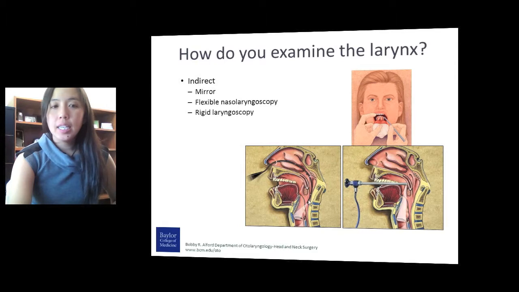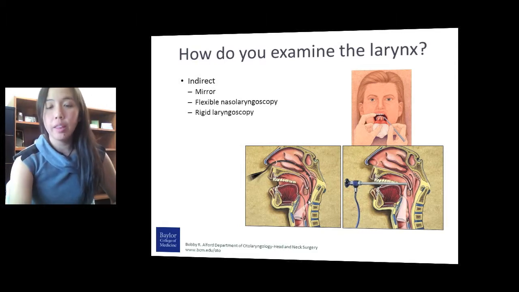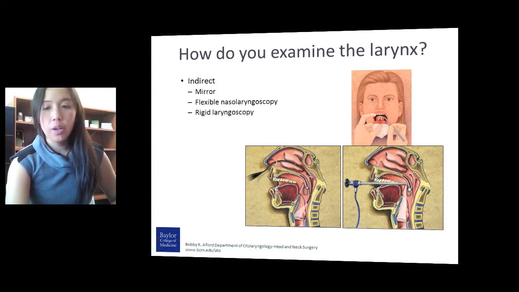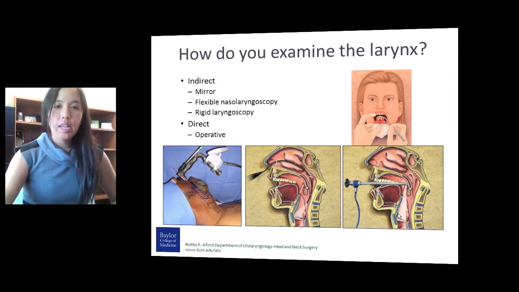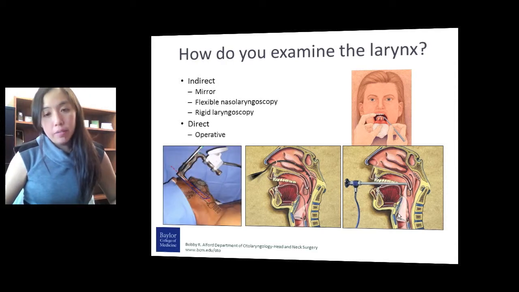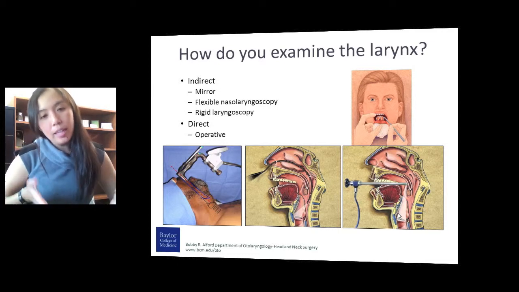Another way of doing this is with transoral rigid laryngoscopy, which is what you just saw in the previous video. This is a Hopkins rod telescope with an angled lens, in this case usually a 70-degree angled lens, which allows you to visualize the larynx this way. Now, direct laryngoscopy is different because you use an instrument to look directly at the larynx, so you don't have to bend the light in any way.